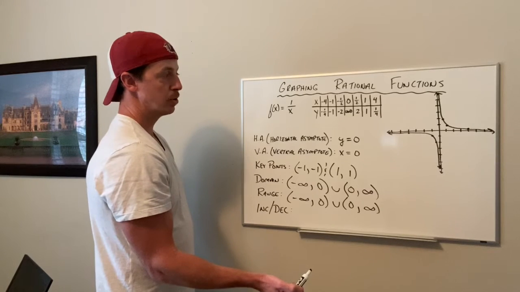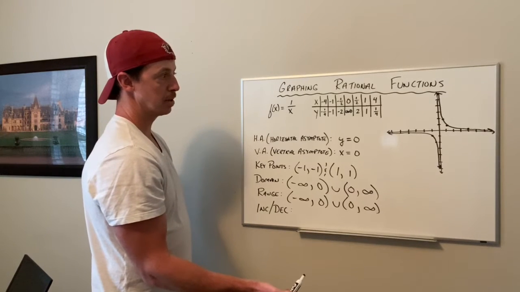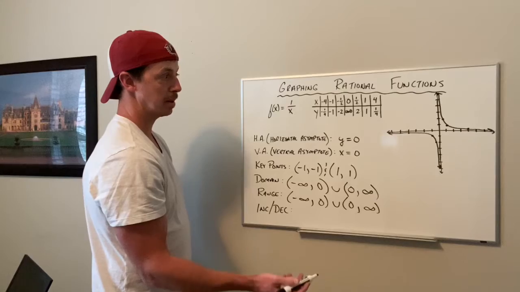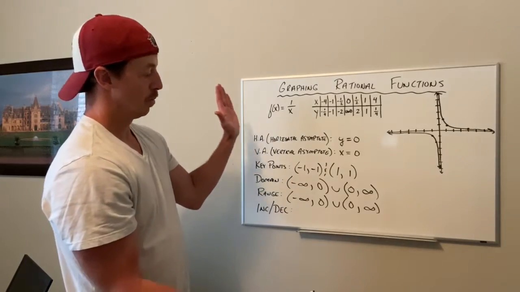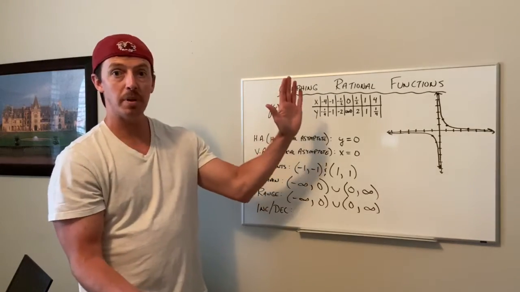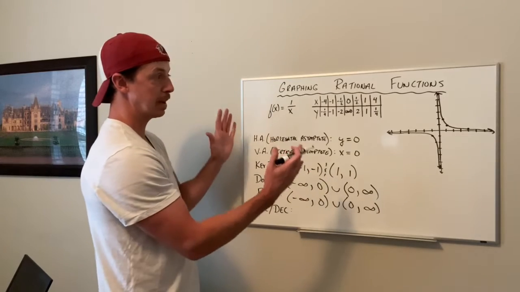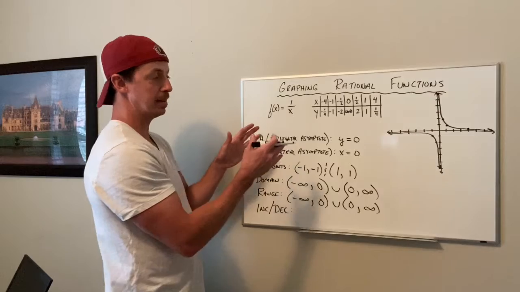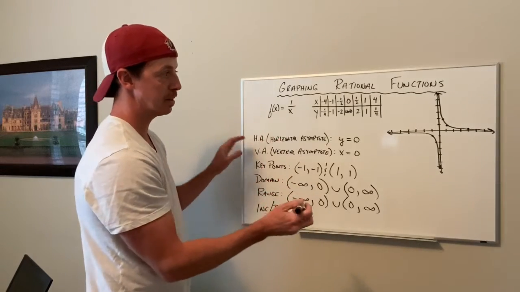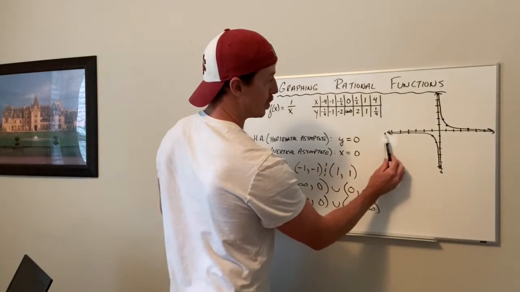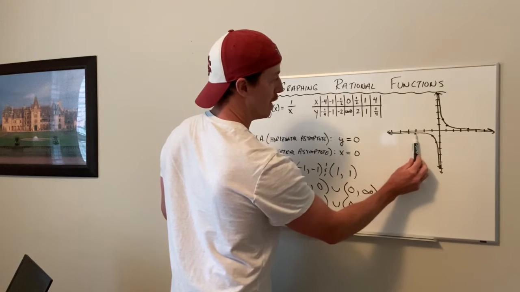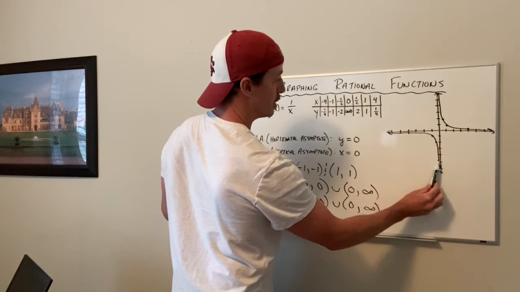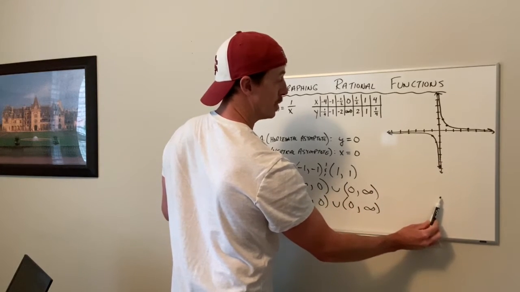All right, increasing and decreasing. Well, this is going to look a little weird, but it's not really terribly difficult. When you're doing increasing, decreasing, you're reading it from left to right, and you're saying the x coordinates where this thing is increasing, and then the x coordinates where this thing is decreasing. Well, as I'm coming in from left to right, this thing is on its way down, on its way down, and then it just keeps going down.